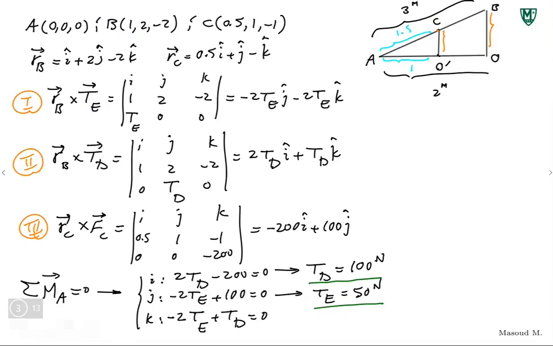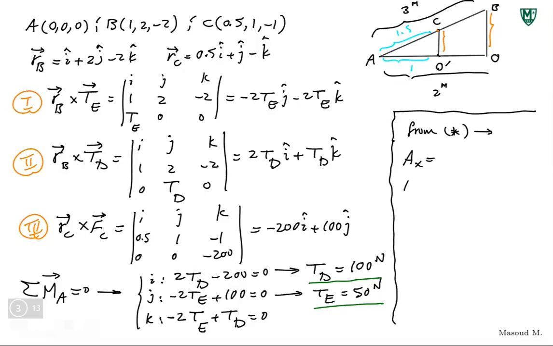And as much as I hate doing this, let me just separate this part. So from the star, you get AX is equal to, and AY is equal to, AX would be, I think, minus TE, and that one would be minus TD. So minus 50 newtons and minus 100 newtons. That would be your AX, that would be your AY.